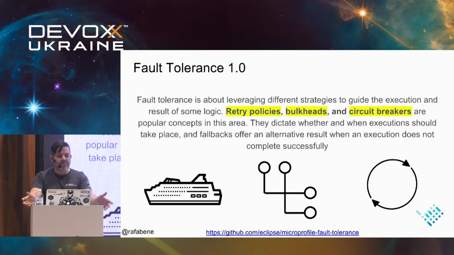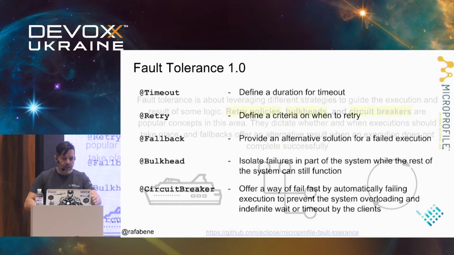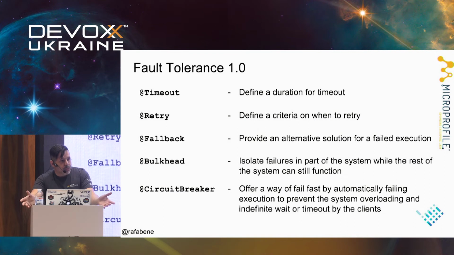You can have bulkheads to avoid a lot of requests flooding your microservice, or you can have circuit breakers to fail fast. If you try to communicate and it's not online, then you provide a fast failure. So it's really simple to use fault tolerance in MicroProfile.